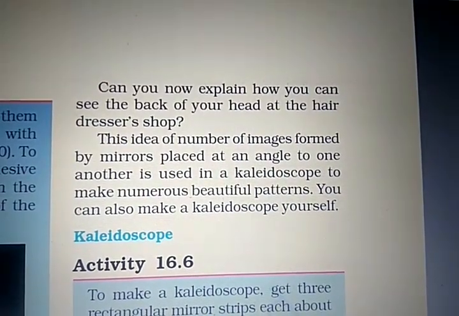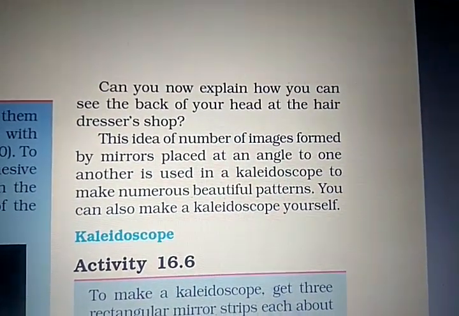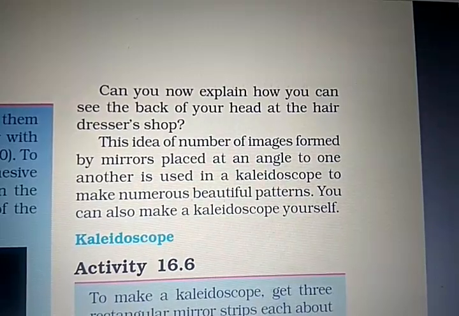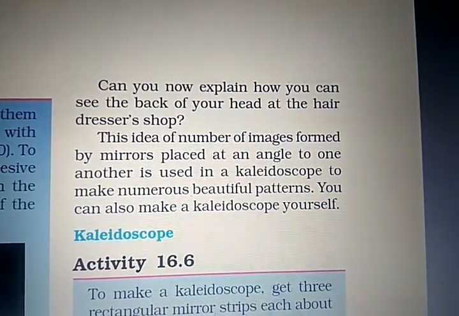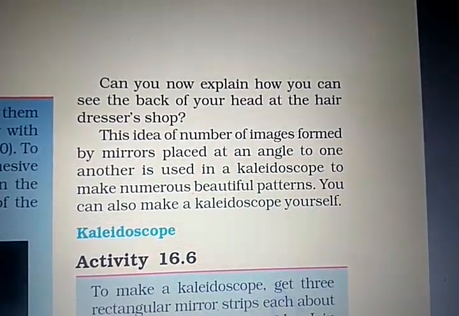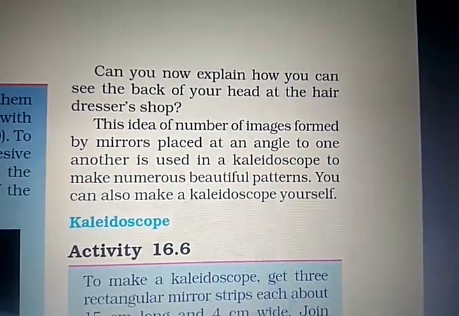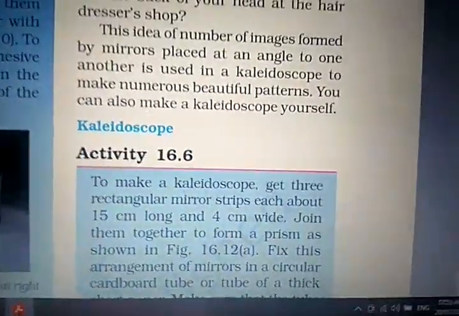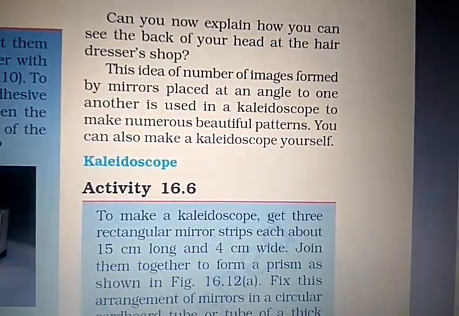Then keep the two mirrors parallel to each other and you will find multiple images. So this experiment you can do, and on that basis we can prepare a kaleidoscope.